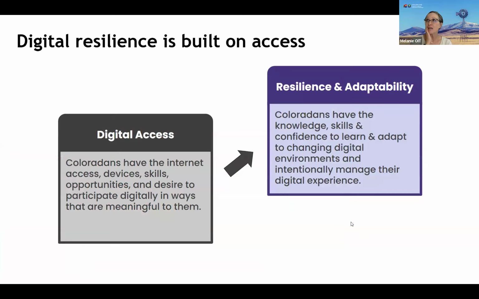So this is like in Mario Brothers leveling up, right? You go really fast. Digital access is great. It's fun. Everybody needs it. And then there's this next level, which is resilience. If you work on a computer in any way, you know that websites, portals, everything changes all the time.